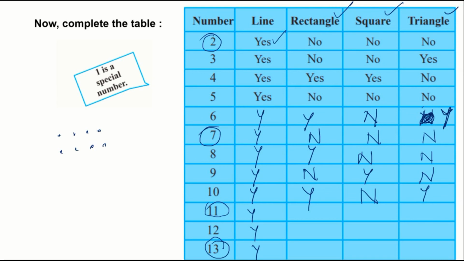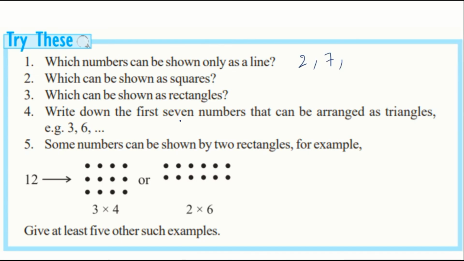Even 5 also. 11 and so on. Which can be shown as squares only? 4, 9, 16, etc. Which can be shown as rectangles only? I have already given 6, 8, 10, okay, 12. You can try for it.